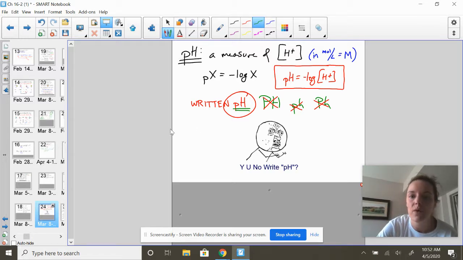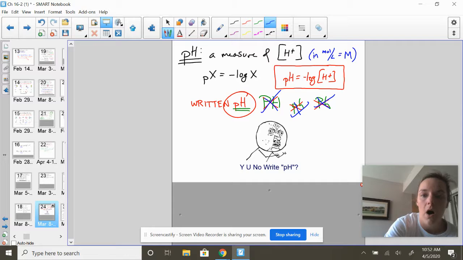And it's always written as little p, big H. Do not write it in these other ways. Those are incorrect. So the pH is equal to the negative log of the concentration of hydrogen ions.